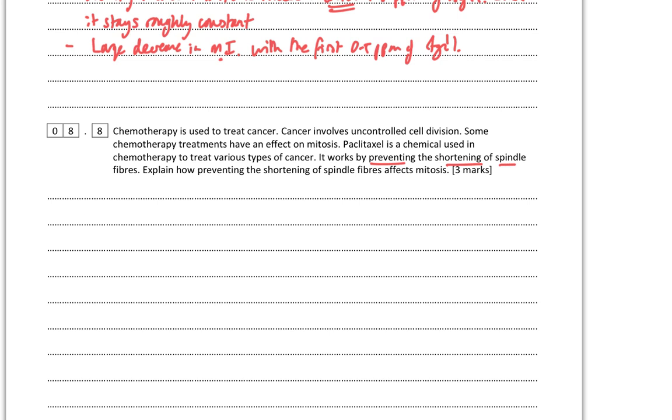So that means that if it prevents shortening of spindle, well, I'm going to say what spindle does first. So yeah, spindle attaches to the centromeres of each chromatid of a chromosome.